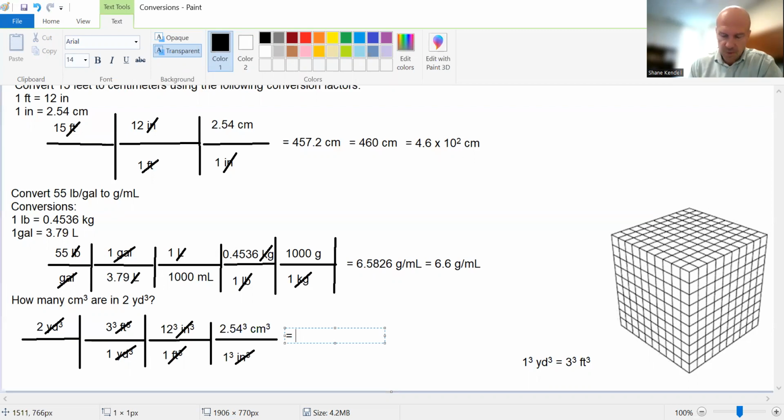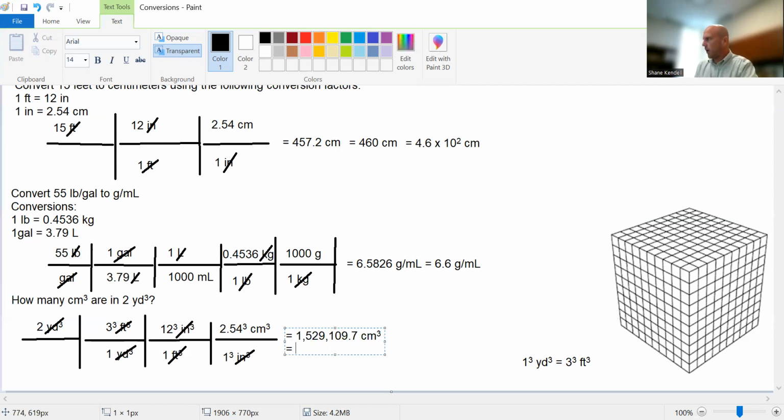And there are no other numbers aside from 1 in the denominator here. So from the numerator, I get this number.